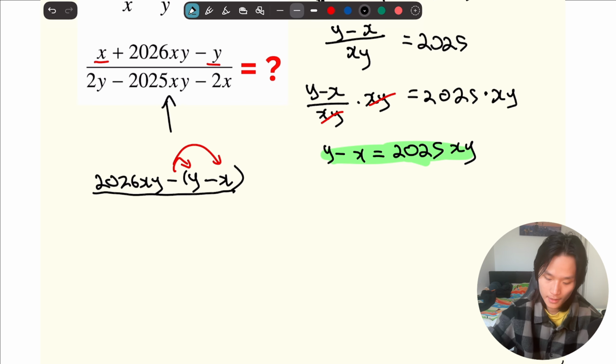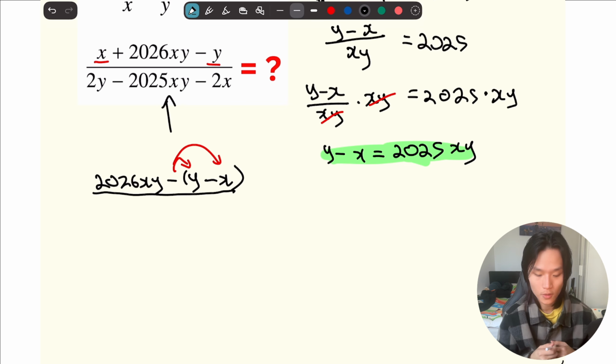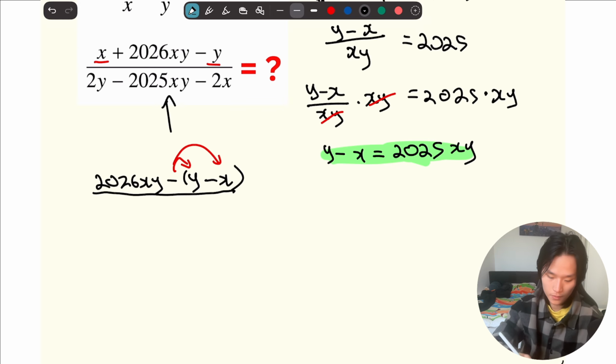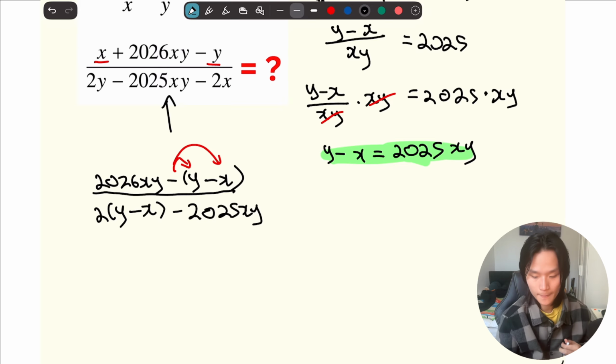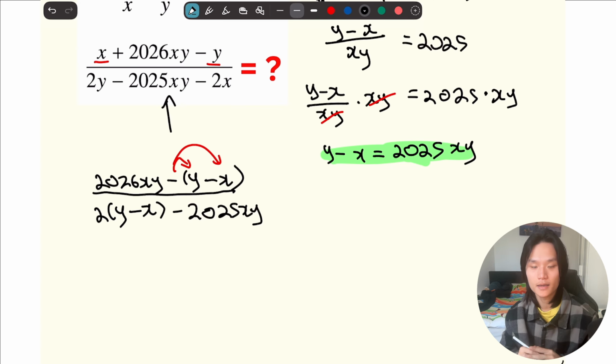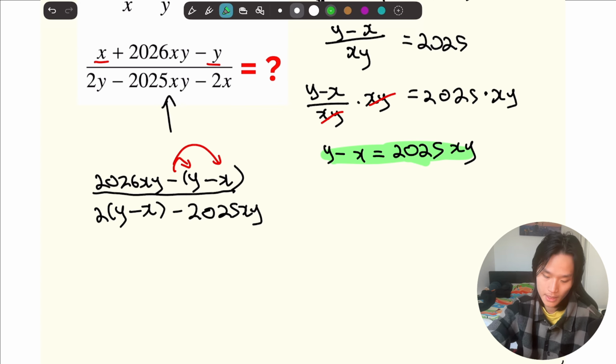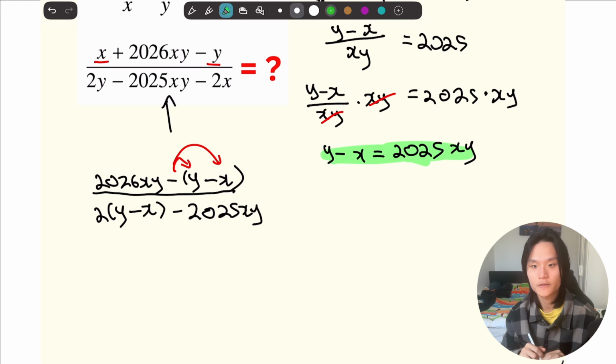And then let's do the denominator. So let's take out 2, and then we have y minus x, and then minus 2025xy.